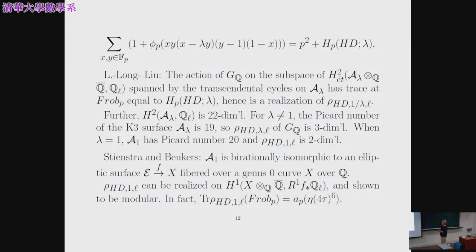And the bottom line is that at lambda equal to 1, you find that the Frobenius trace at P is equal to the P-th eigenvalue of the Hecke operator on this weight 3 modular form eta(4 tau)^6. So that means that this representation at lambda equal to 1 corresponds to the modular form eta(4 tau)^6. This is what we call the modularity.